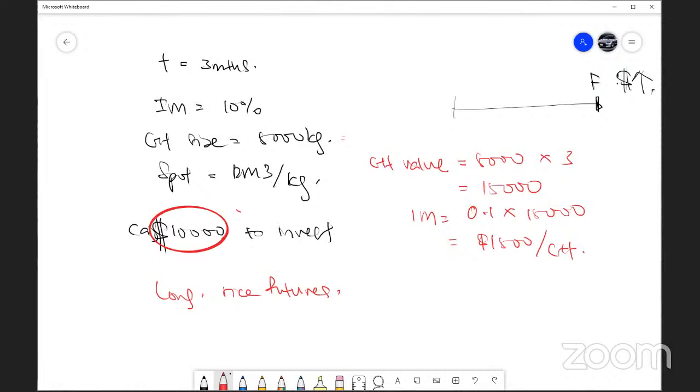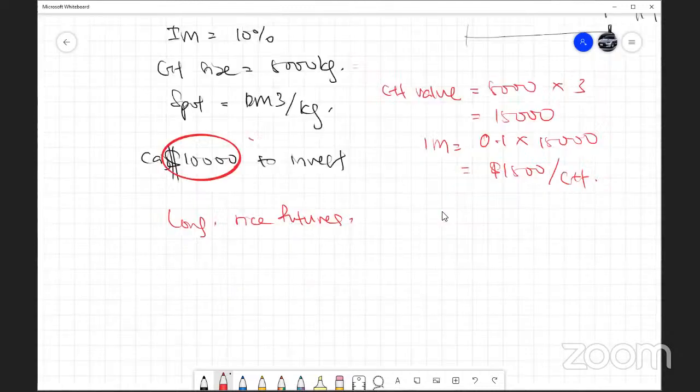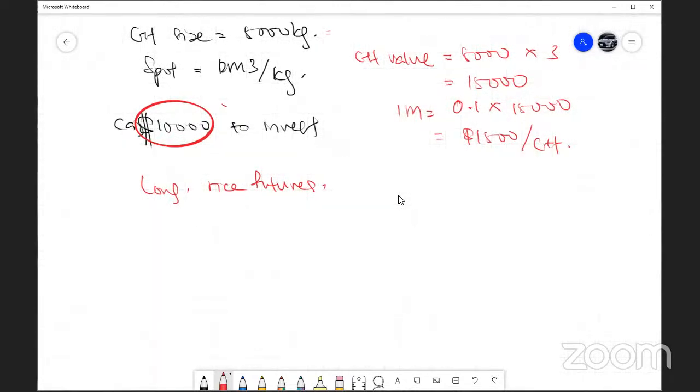So you're having your long rice future. Now you have $10,000, and each contract is worth 1,500. How many contracts can you buy? 6 point something, right?